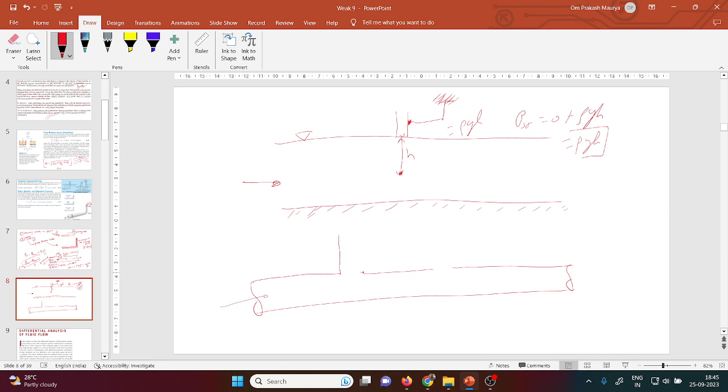Let's say a pressurized pipe flow, and here is the pitot tube, P2. What will happen if your fluid is not moving? The height in this and the height in this will be equal.